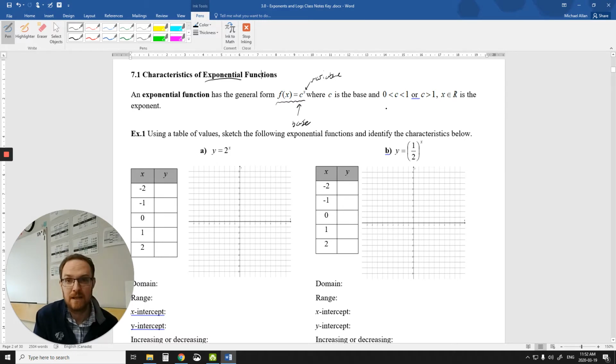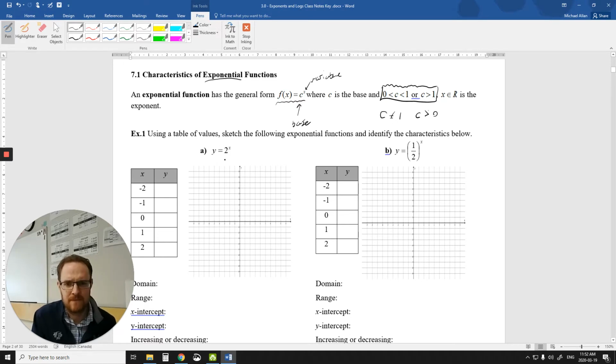To make sure it's an exponential function, the base cannot be 1, because then you just have a straight line at y equals 1. And the base has to be greater than 0. So you have these two main conditions here.